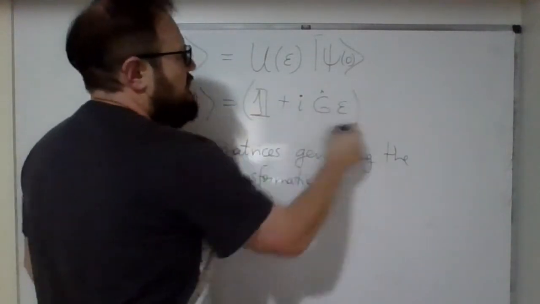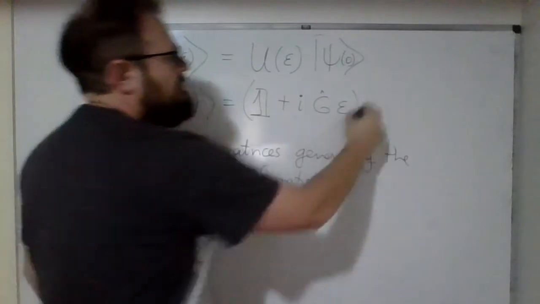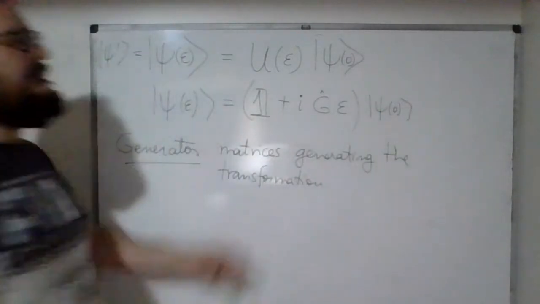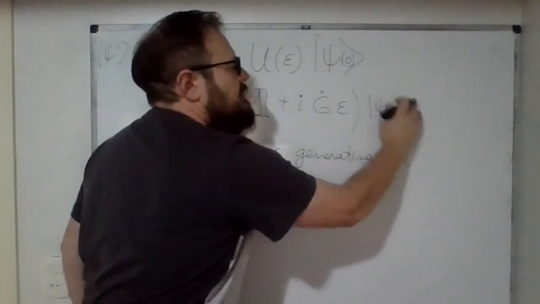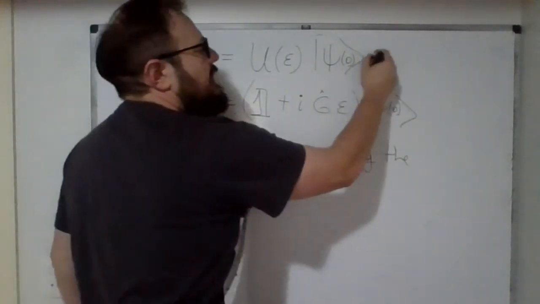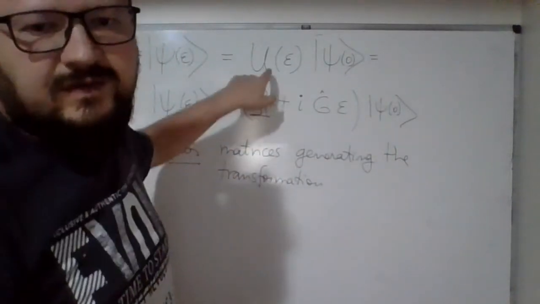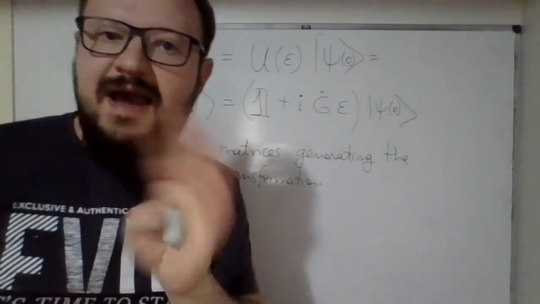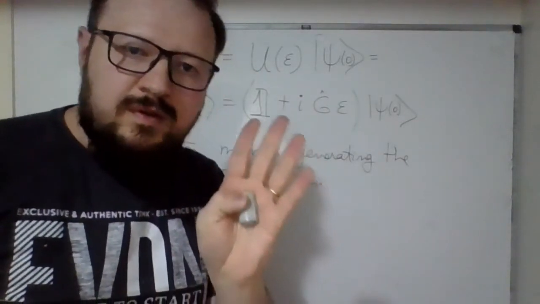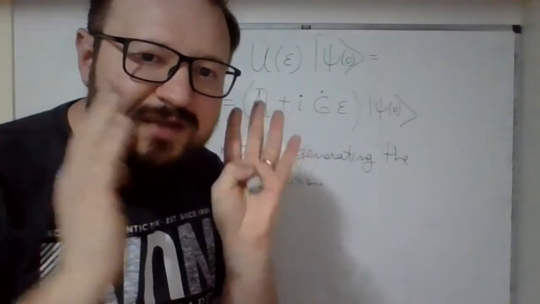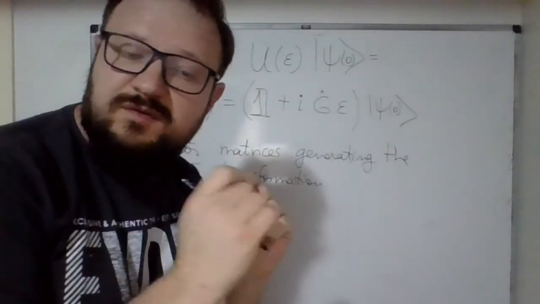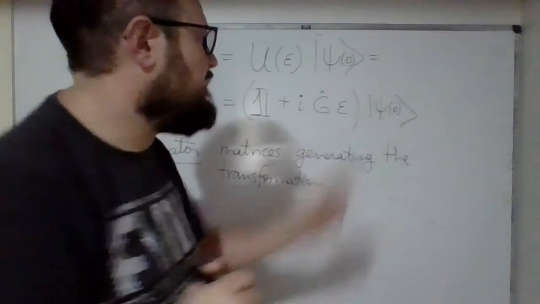Right? So if you are writing things like this, applied to the original psi, you can make an expansion of this transformation around the identity, all right? So Lie groups are groups which are concerned with infinitesimal transformations in the neighborhood of the identity.